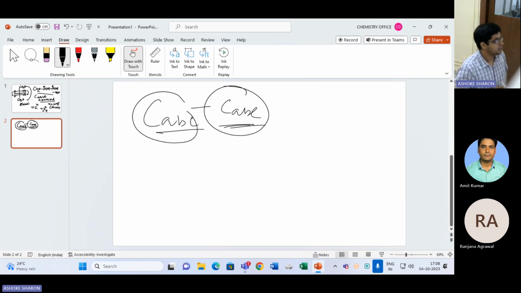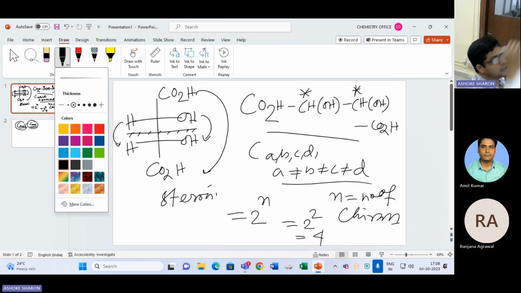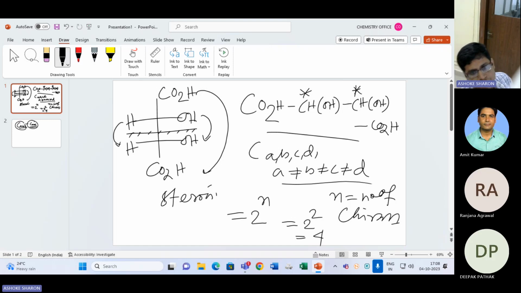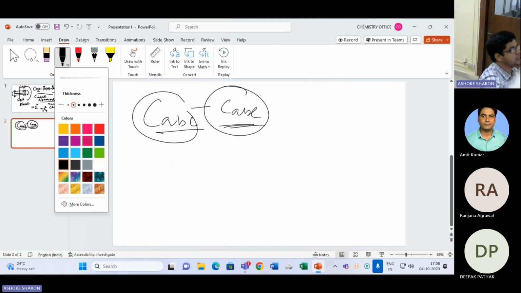Why am I saying similar connectivity? See here. This center has connectivity CHOH, CHOH, CO2H, CHOH, CHOH, CO2H. So if you have a similar kind of connectivity, then the formula will be a little bit changed.